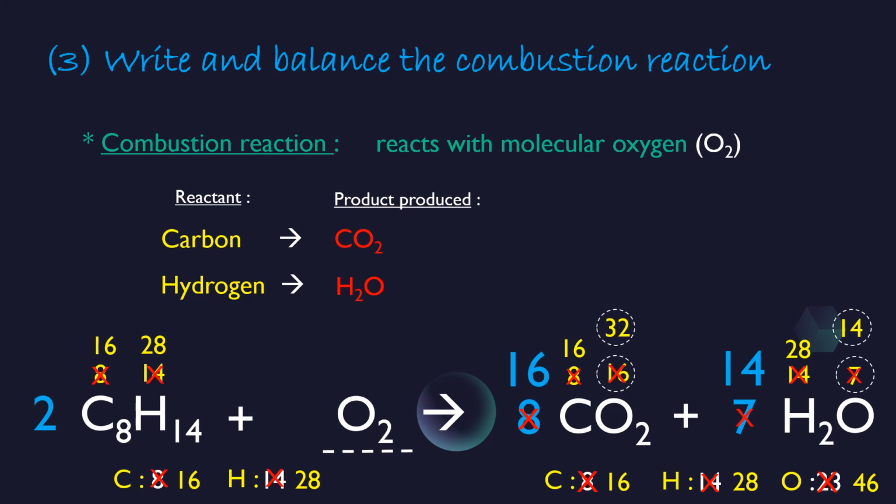Now let's balance the left side to have 46 oxygens as well. A coefficient of 23 multiplied by the subscript of 2 will give us 46 oxygens. Perfect. The number of atoms on both sides are equal.